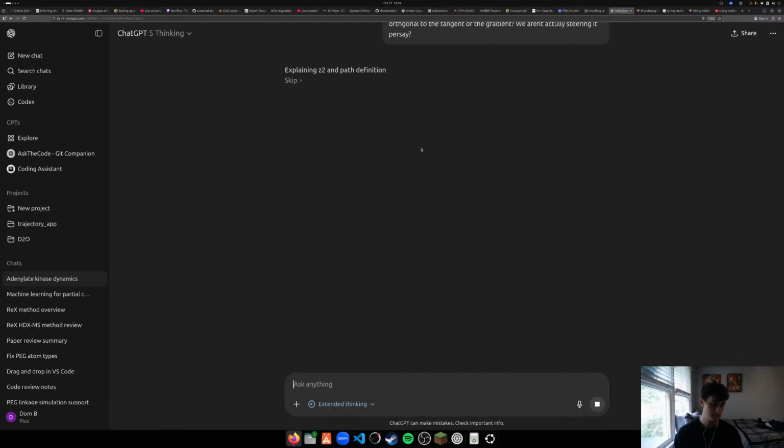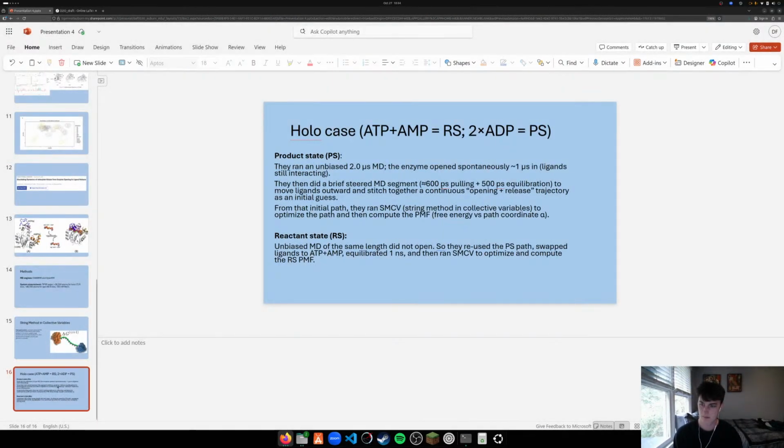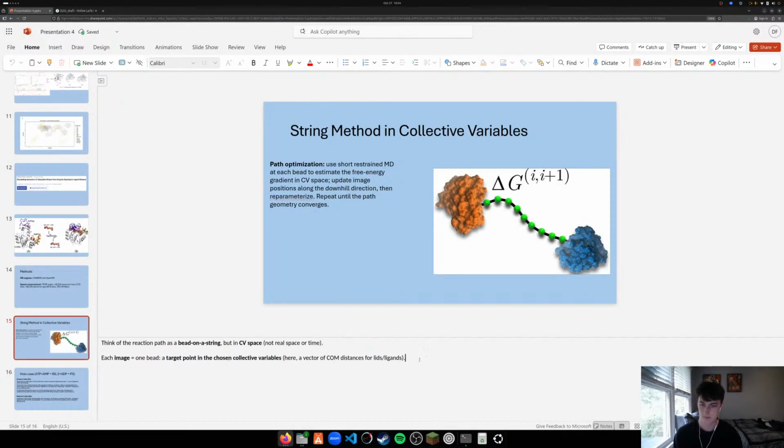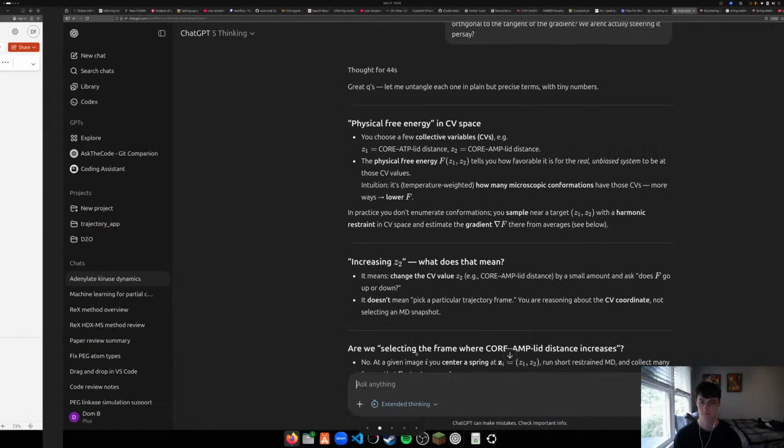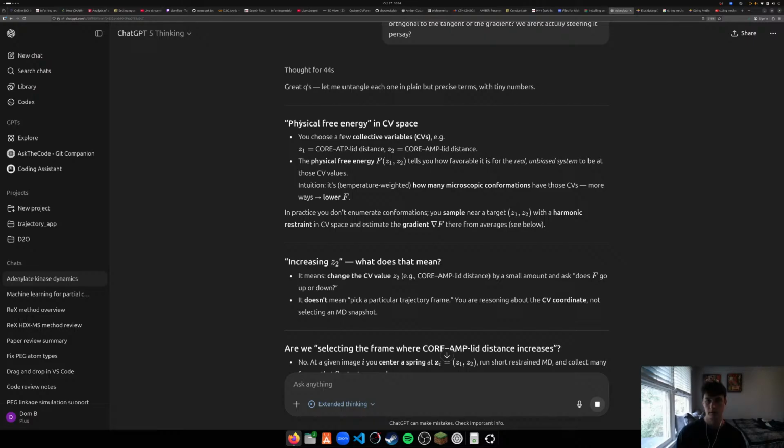So I'm right here, essentially. The physical free energy in CV space: if you choose a few collective variables, the physical free energy tells you how favorable it is for the real unbiased system to be at those CV values.